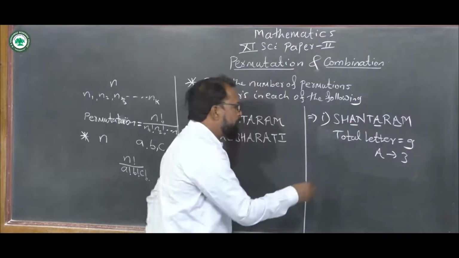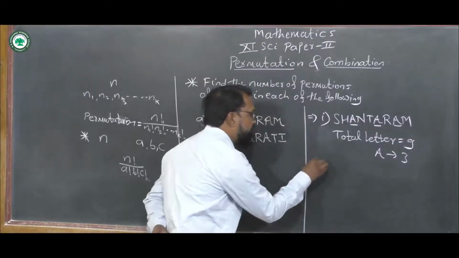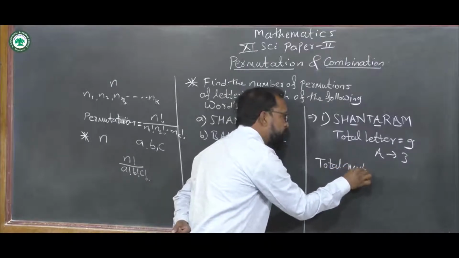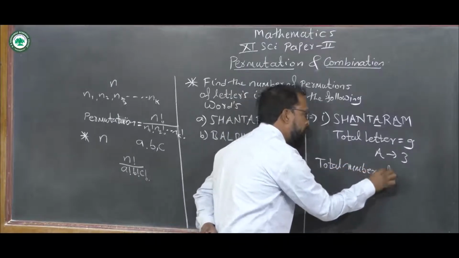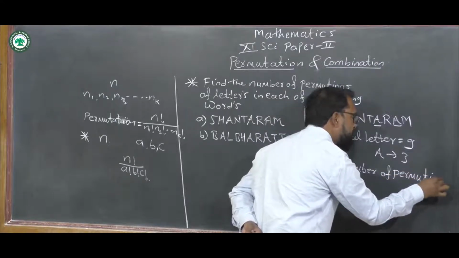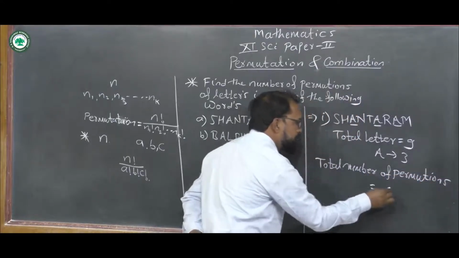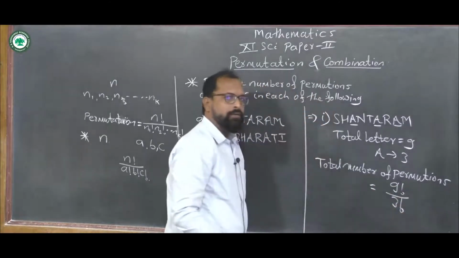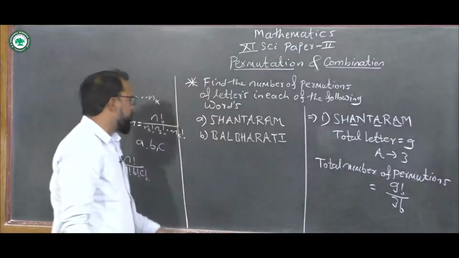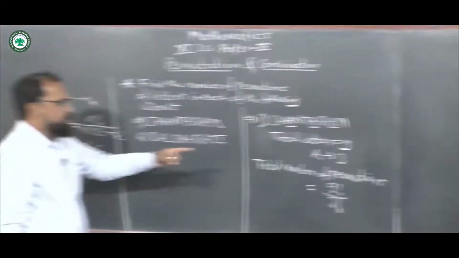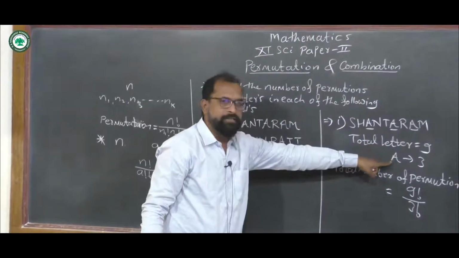So the total number of arrangements, or the total number of permutations, is 9 factorial upon 3 factorial. If we consider this formula, here n is 9 and n1 is 3.